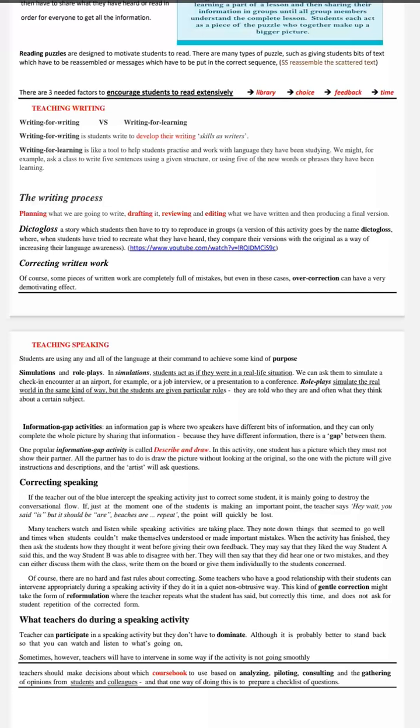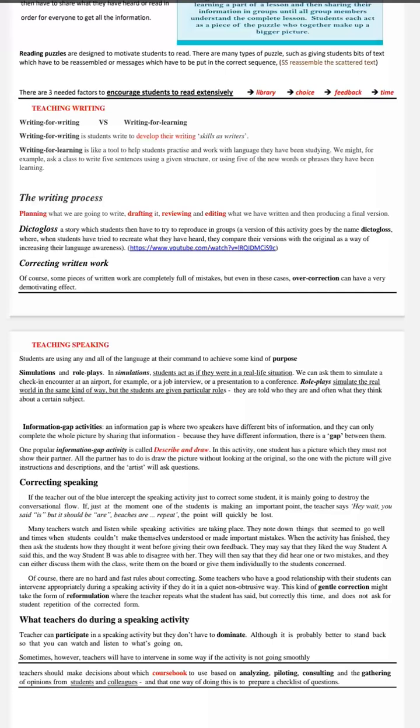Of course, there are no hard and fast rules about correcting. Some teachers who have a good relationship with their students can intervene appropriately during a speaking activity if they do it in a quiet or non-obtrusive way.